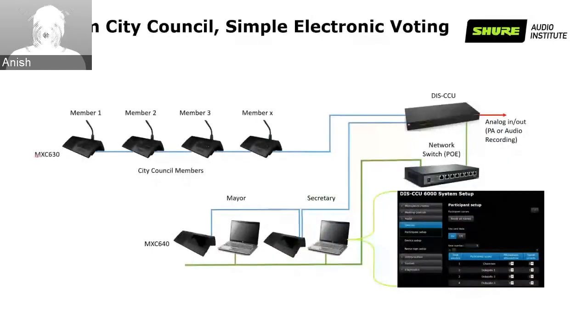The MXC 630 for the council city members, and MXC 640 is for the mayor and the secretary, which gives you advanced control, with the touch panel and agenda management, and all of that can be made possible through the web browser. And the output of the DIS CCU can be reinforced with an additional PA system.